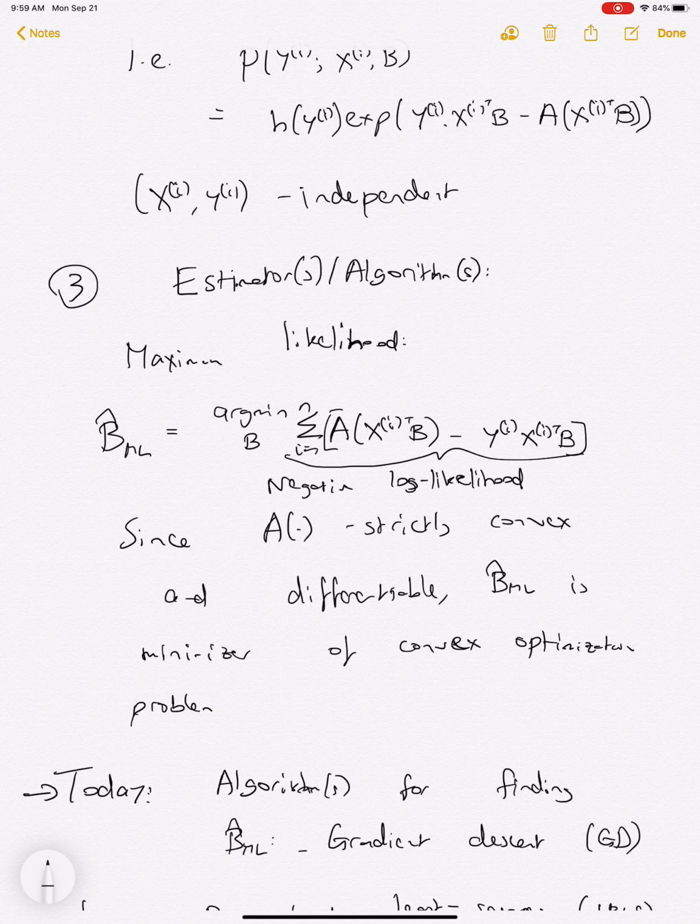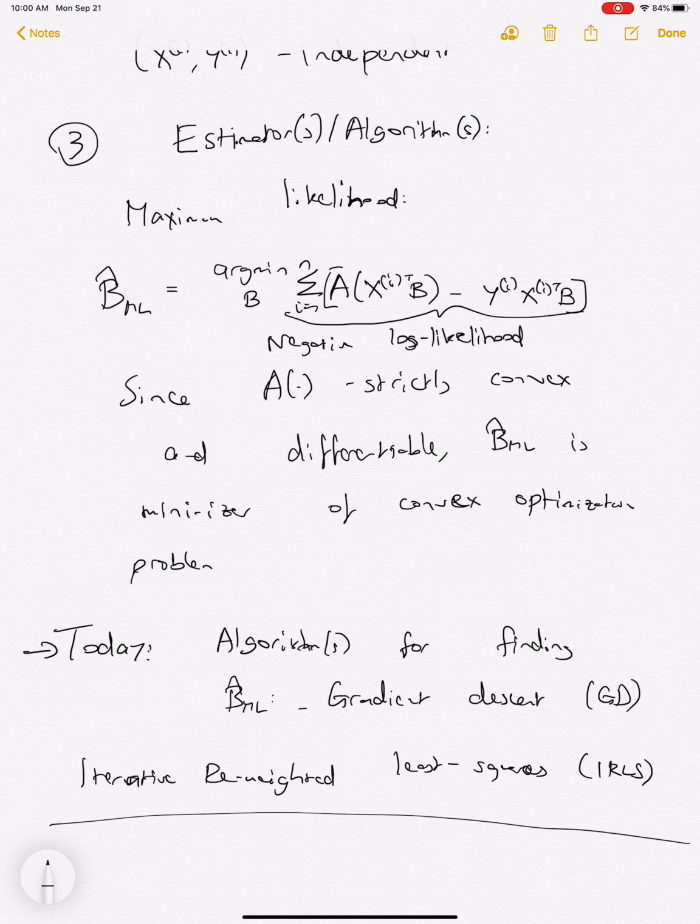The maximum likelihood estimator is the minimizer of this objective function. And the nice thing is that since A is strictly convex and differentiable, beta hat ML is the minimizer of a convex optimization problem. So we'll talk about ways to solve that today. That's really the focus of today: ways to actually find that minimizer. And we know that it's the solution to a maximum likelihood estimate.